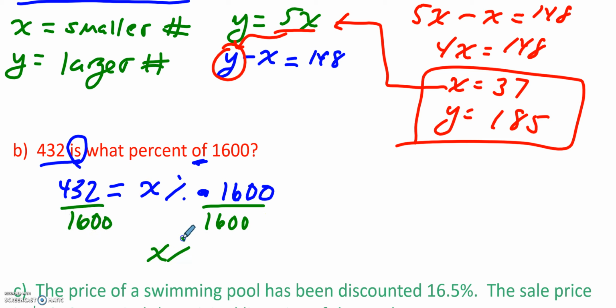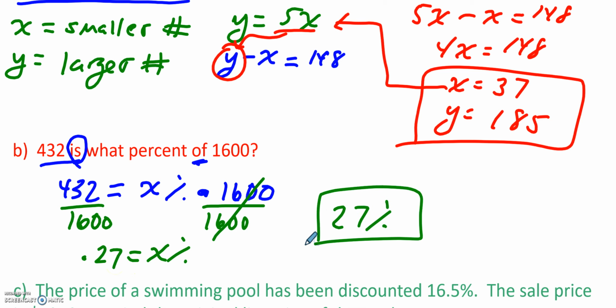Then I would get x percent equals, if I plug this into my calculator, this divided by this, 0.27. But remember the problem is not asking for a decimal, it's asking for a percent. So the answer is really 27%. So 432 is 27% of 1600.